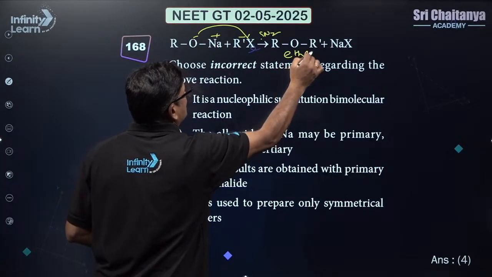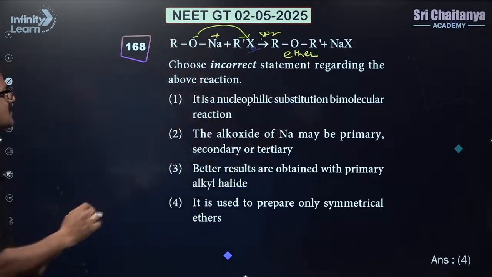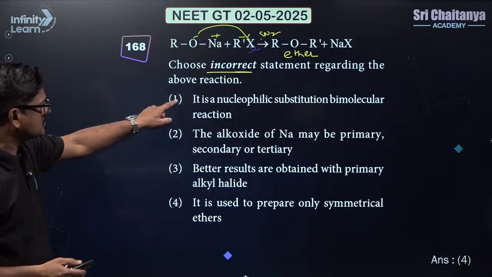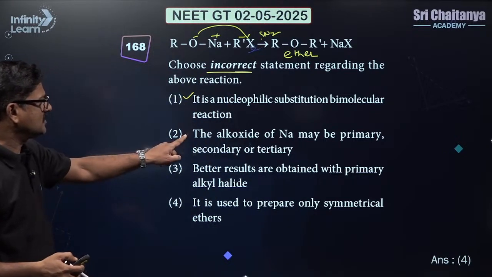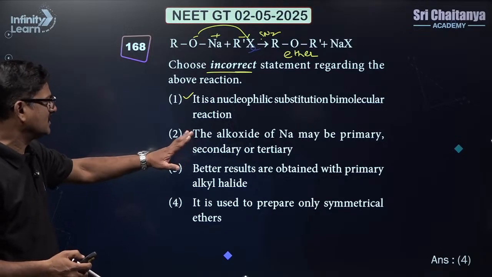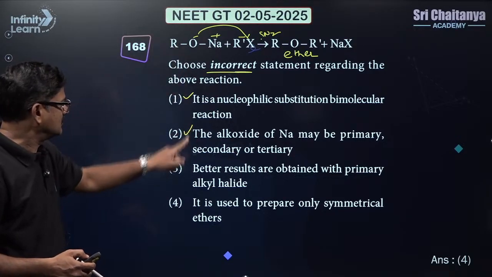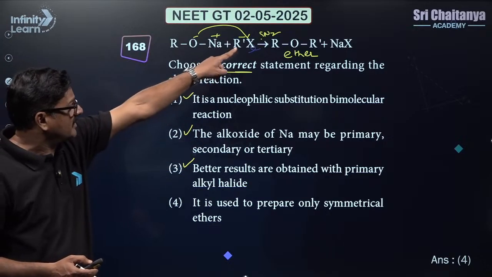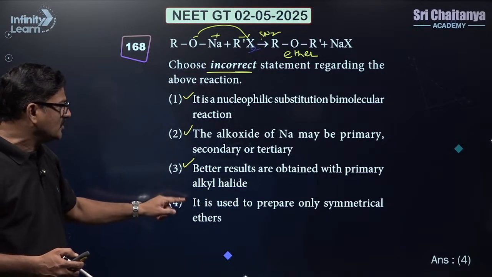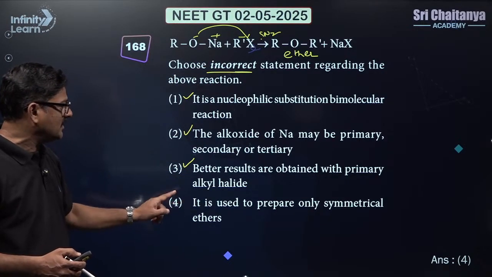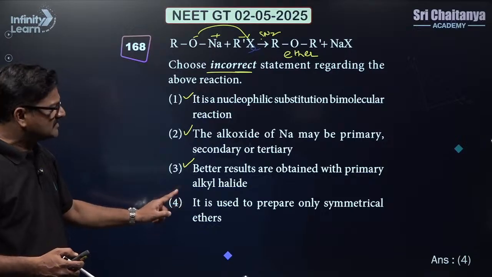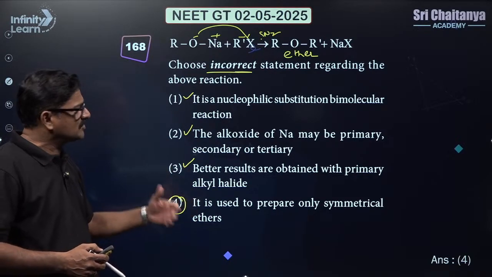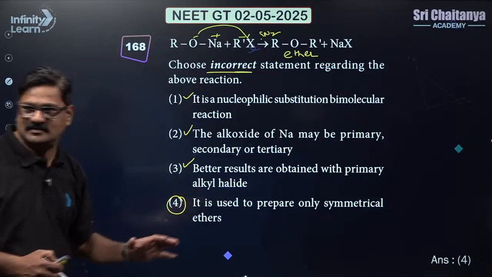This is what is called Williamson ether synthesis. It's a nucleophilic substitution reaction, correct? The alkoxide of sodium may be primary, secondary, or tertiary. It is correct. Better results are obtained with primary alkyl halide because it is participating in SN2. It is used to prepare only symmetrical ethers. Unsymmetrical ethers can also be prepared.